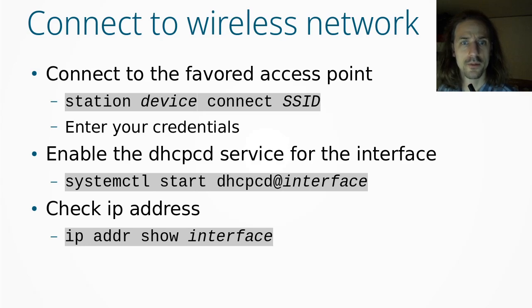Then you can enable the DHCP client service for the interface with the systemctl start command, and you will have to use the name of this wireless interface in this command.